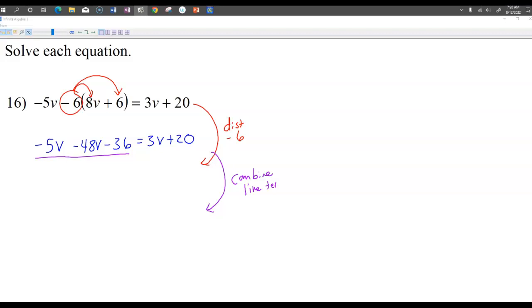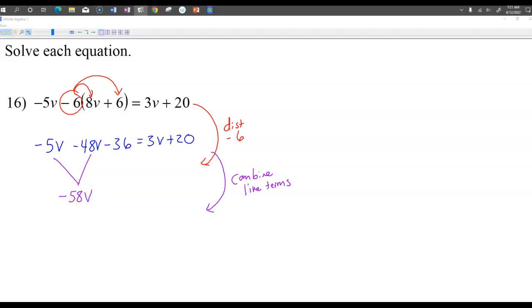Here's how I show my work for combining like terms. And it's a good idea to show your work. I draw an arrow from each one coming together at a point, and I'm going to put the result that comes from putting those together underneath the point. So negative 5 minus 48, that's negative 53 if you combine them.